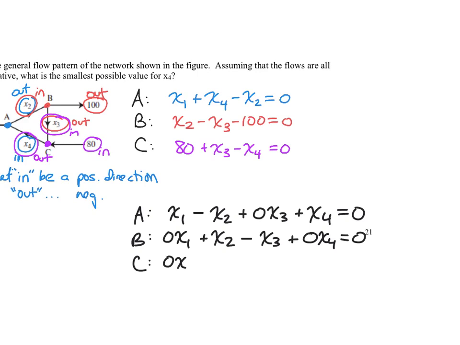And then 0 x1 plus... I missed 100? Where's my 100? Equals 100, because I'll just move that over to the other side, just so I have all my variables together and all the numerical values together also. 0 x2 plus x3 minus x4, and then on this side it'll be a negative 80.